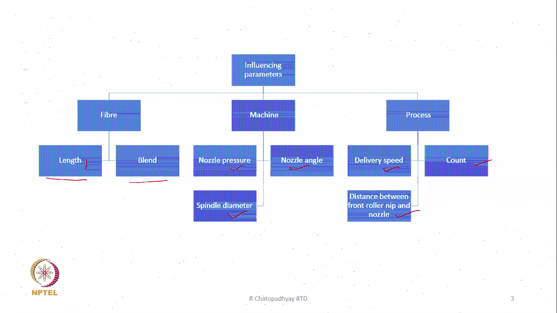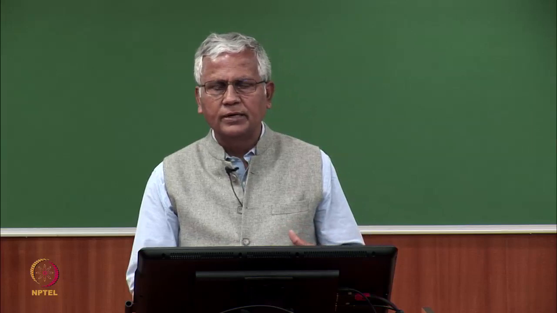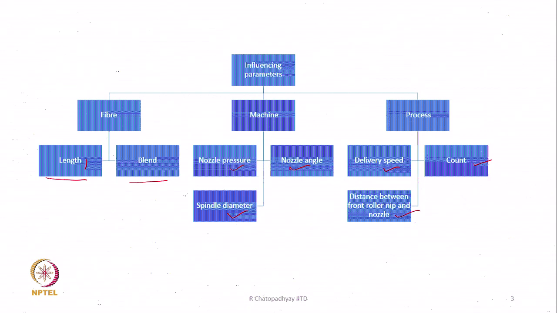So, these three types of parameters that we have listed here can be further classified. Fiber parameters could be length, fineness, or the proportion of two fibers when they are blended together and processed. And the machine parameters are nozzle angle, spindle diameter, and nozzle pressure, which we have listed here under machine, but it could be a part of process as well.